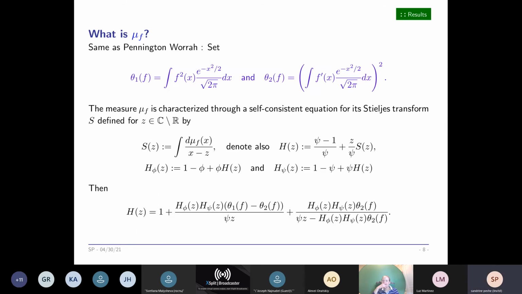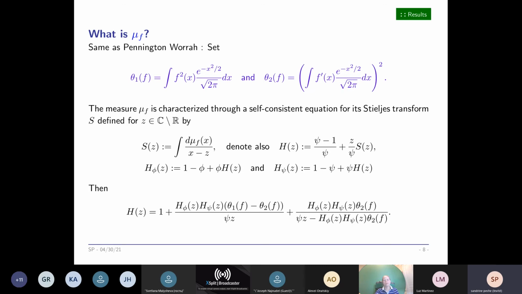And for completeness, I give here the quartic fixed point equation for the Stieltjes transform. Okay, so there are some questions about this quartic equation because in principle we have 4 possible solutions, but there are some conditions using the fact that it's the Stieltjes transform of a probability measure.